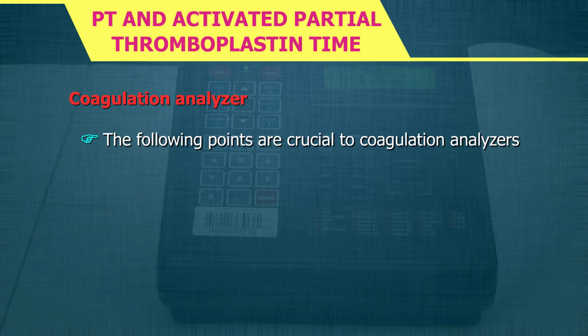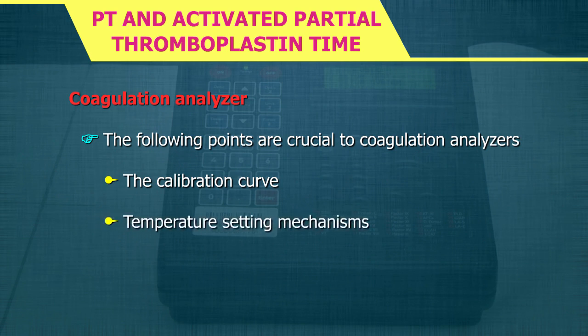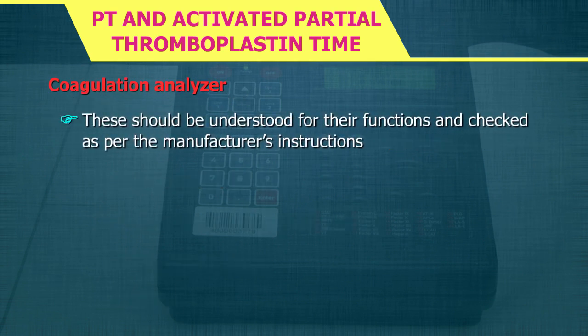The following points are crucial to coagulation analyzers: the calibration curve, temperature setting mechanisms, optics and mechanics, and the timer. These should be understood for their functions and checked as per the manufacturer's instructions.